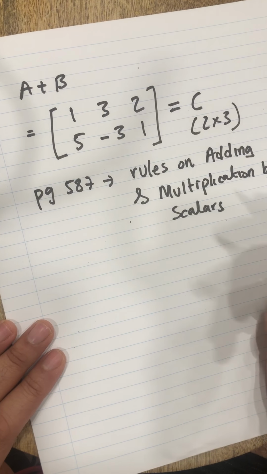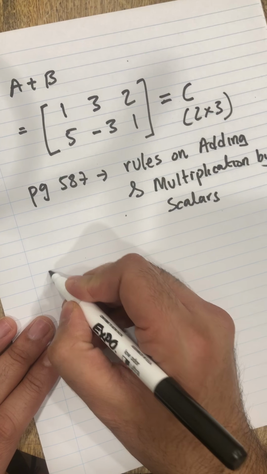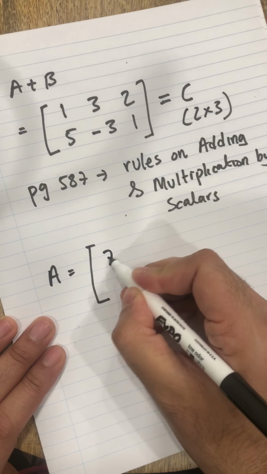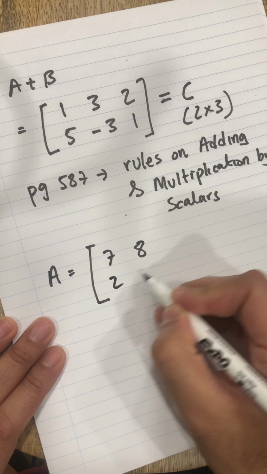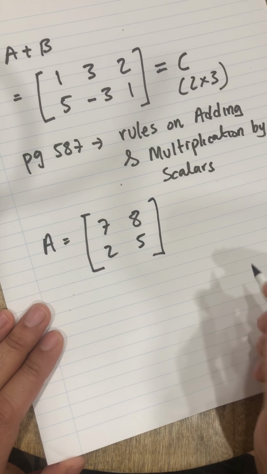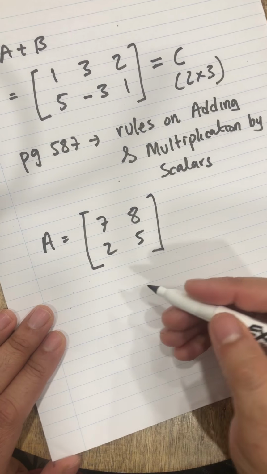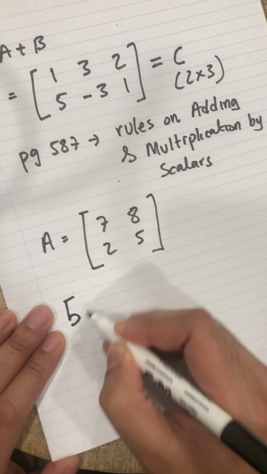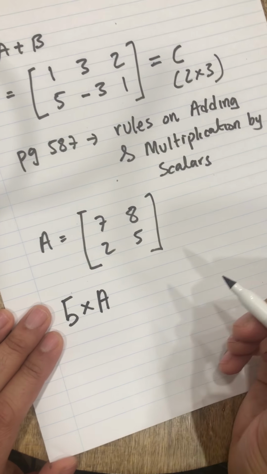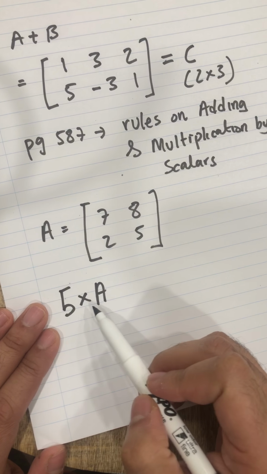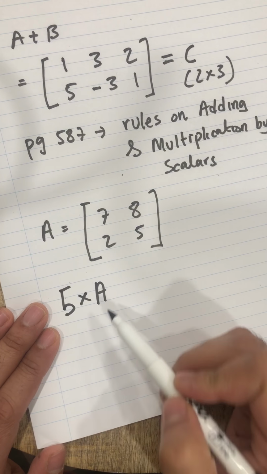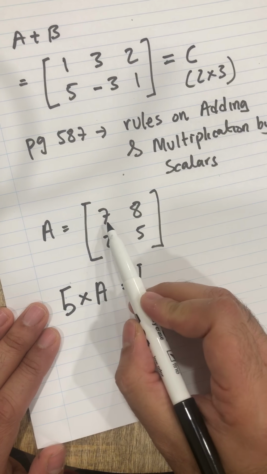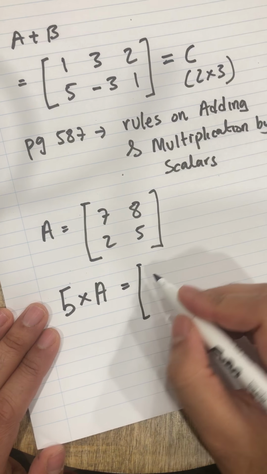The scalar multiplication rule says, suppose you take a matrix, let's say any matrix, 7, 8, 2, 5. So you have a matrix A. Multiplication by scalar would mean I take a number and multiply it to the matrix. So what is the matrix 5 into A? You take the number 5 and multiply it with all the elements in the matrix.